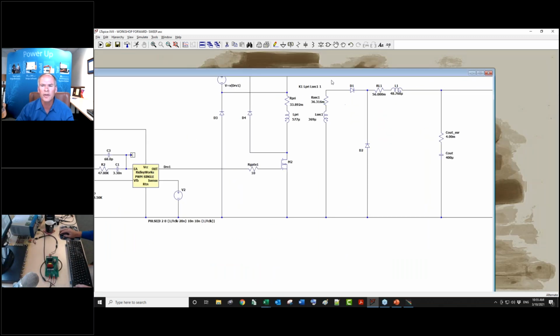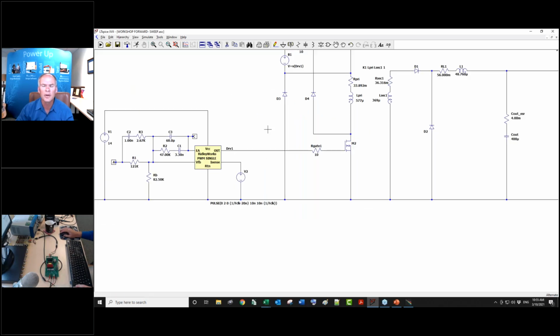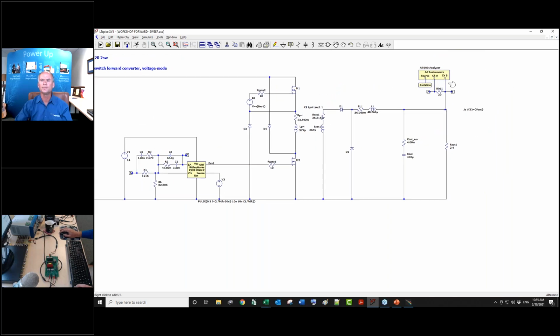What you see on the screen is LTspice. We've got a little converter here, and then we're injecting a signal with an analyzer. We built a model here that does all the hard work for you. You can get these sub-circuits from us if you like. So you've got your own little analyzer, and you can connect it to any circuit and run a sweep. Let's run that circuit.